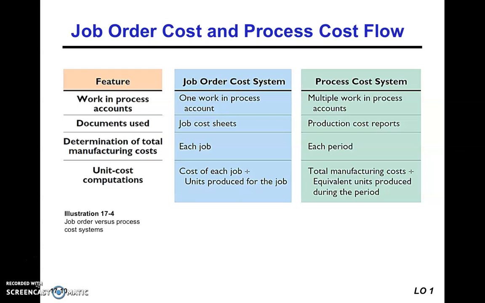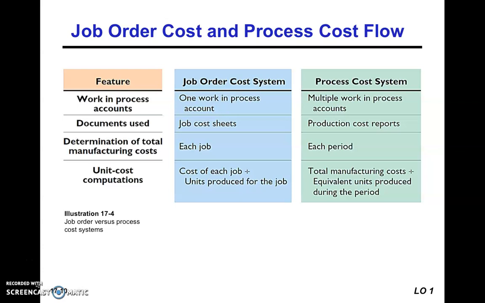Next, determining the total manufacturing cost. For the job order cost system, once the job was done, we could come up with the total cost. In a process cost system, because the production is continuously happening, it does not stop, we need to look at a period of time to determine the cost of manufacturing.